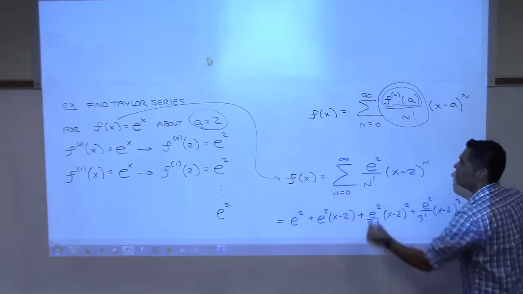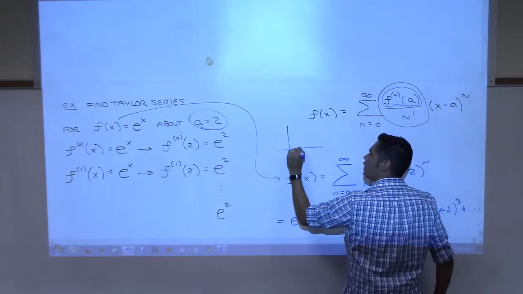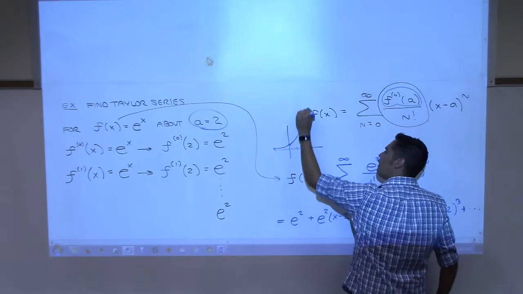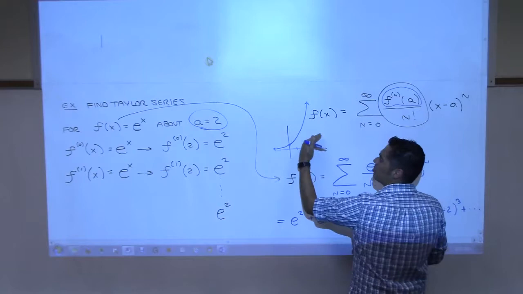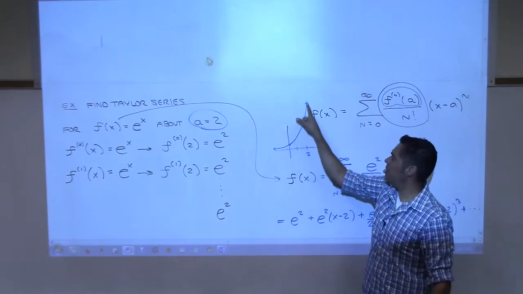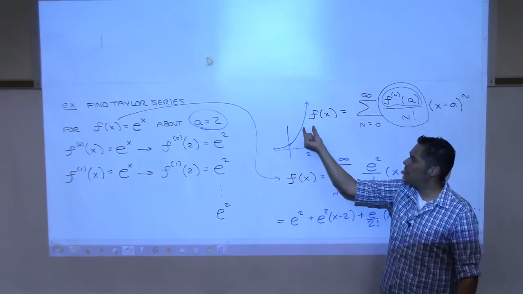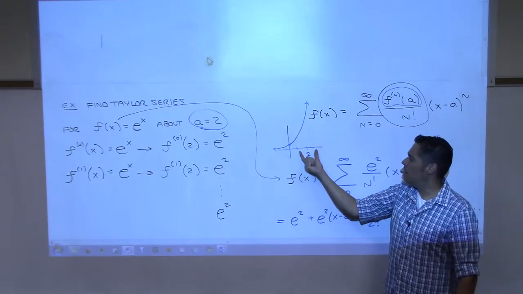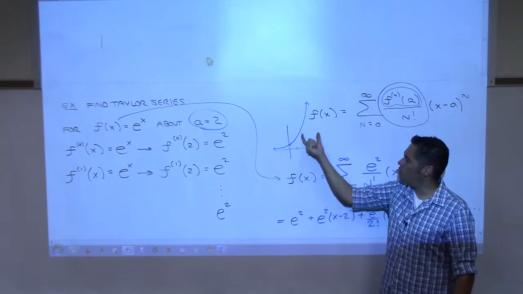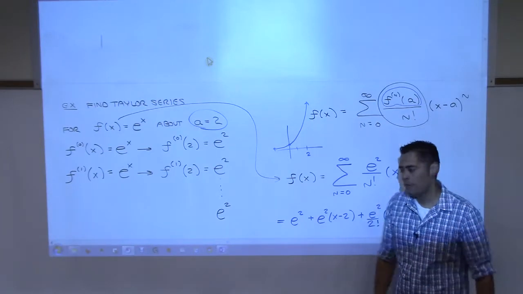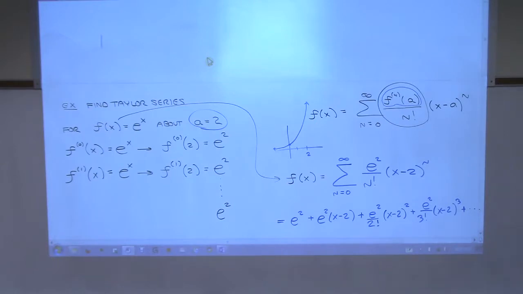So if you graph e to the x, here's 2, right? e to the x looks like this. Then my polynomials are going to start marching towards this thing. And close to 2 means that if there is a radius of convergence, I've moved my radius of convergence over to where my polynomial will be accurate within that window. Again, I'll try and show you with some visuals later.